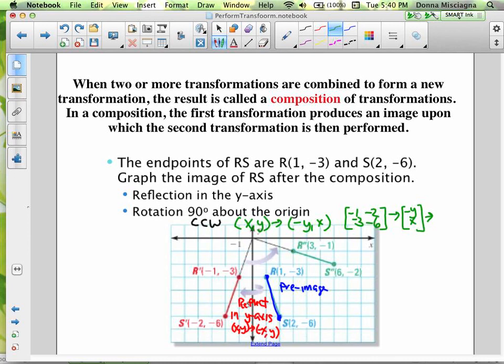This was R and this was S. Instead of (-1, -3), we're going to have (3, -1), because the first one also changes sign. Instead of (-2, -6), we're going to have (6, -2). That's what we have in that last example, (3, -1) and (6, -2).